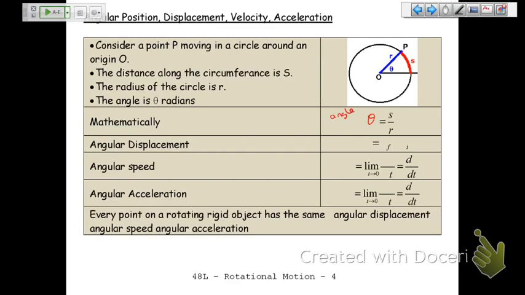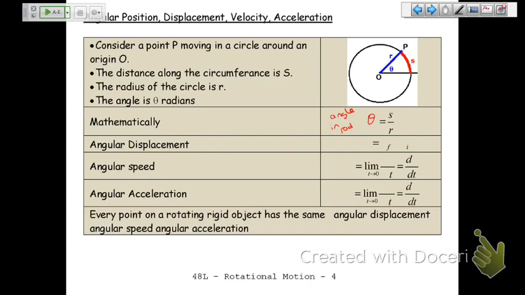And I'm going to define my angle in radians. And what I do is I take my arc length, that's the distance around the circumference, divide it by the radius. And if it comes out to be 1, that's 1 radian. If it comes out to be 2, it's 2 radians. If it comes out to be 3, it's 3 radians.